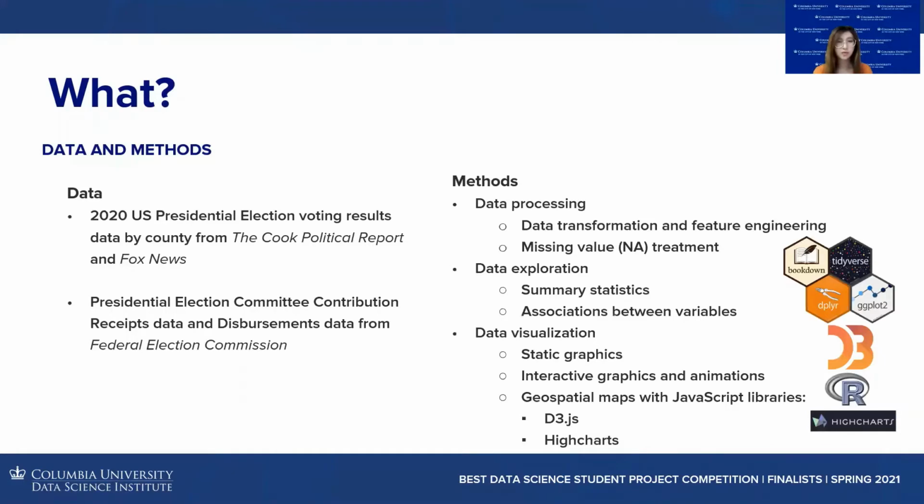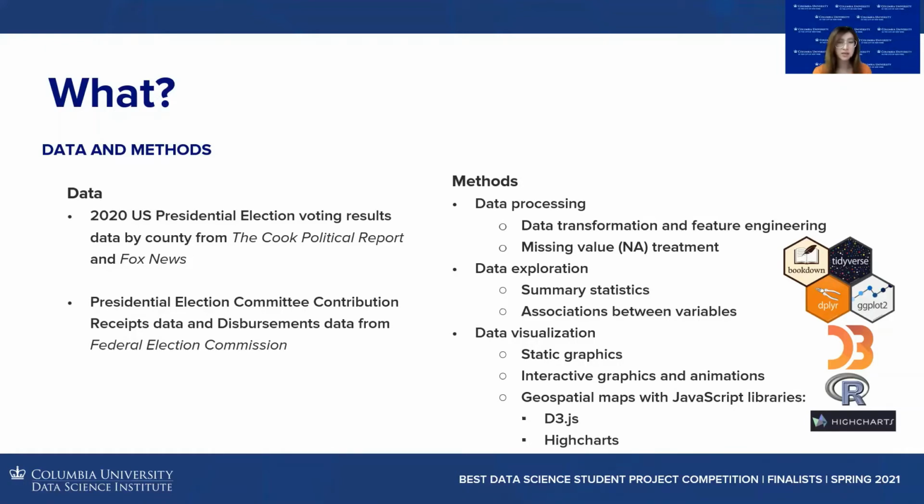We basically went through three procedures. In the data processing, we extracted information from columns and transformed it into a format that we could use to visualize. For the exploration, we calculated the statistics, distributions, and the associations between the variables.